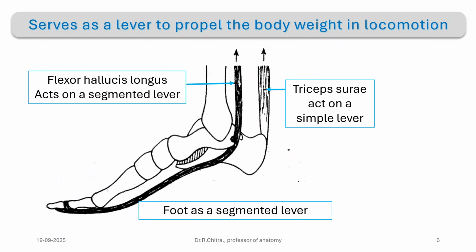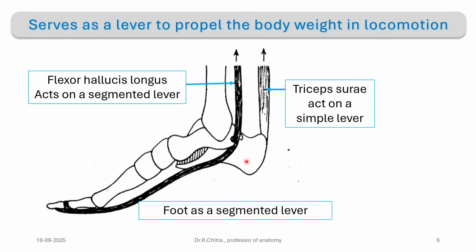So for the first function of weight bearing, foot should be pliable enough to withstand the stresses. For its effective second function, it should be transformable into a segmented lever. A simple lever may help, but a segmented lever will increase its efficiency. So the segmented foot, how can it distribute the body weight?